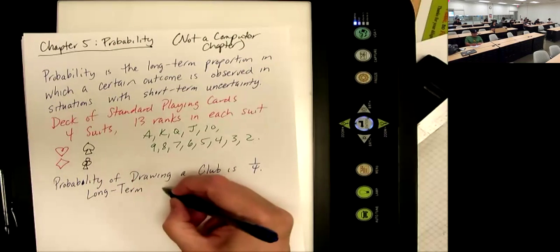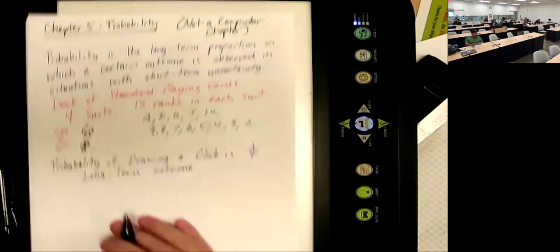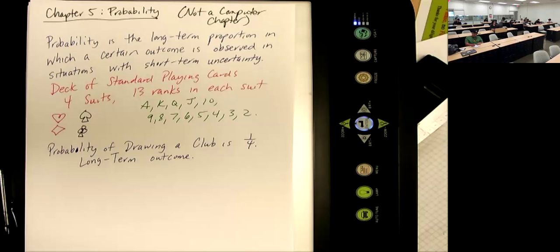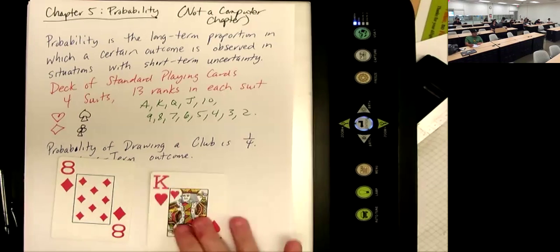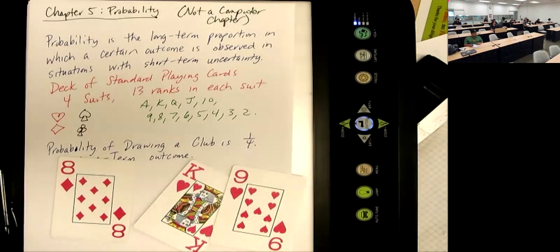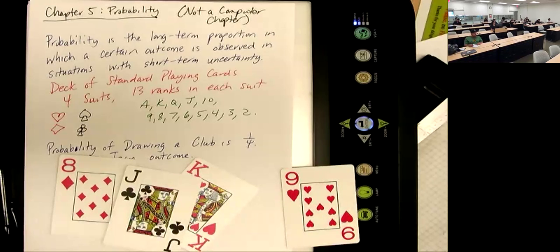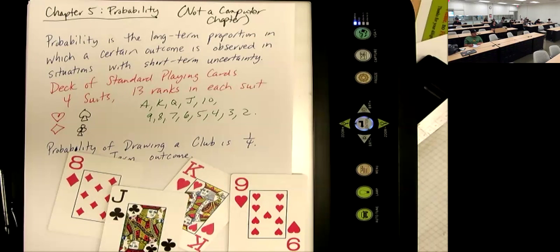That is a long-term outcome. If I draw 4 cards at random, I've been shuffling them, we managed to get 1/4 on clubs. I got 1 club out of 4 cards, which just happened to be chance.